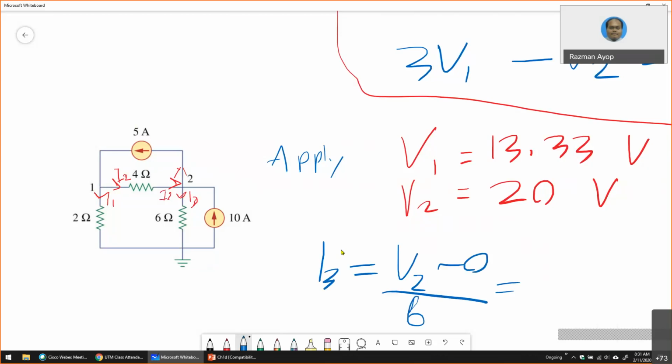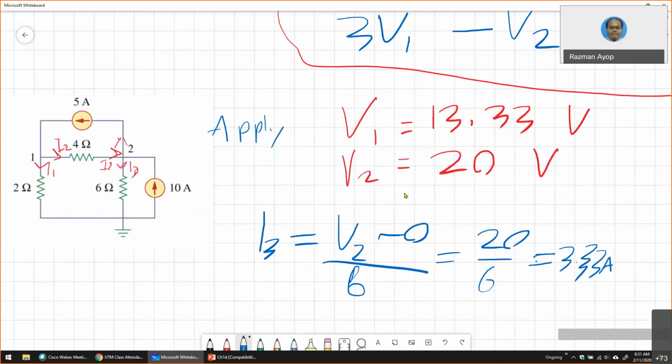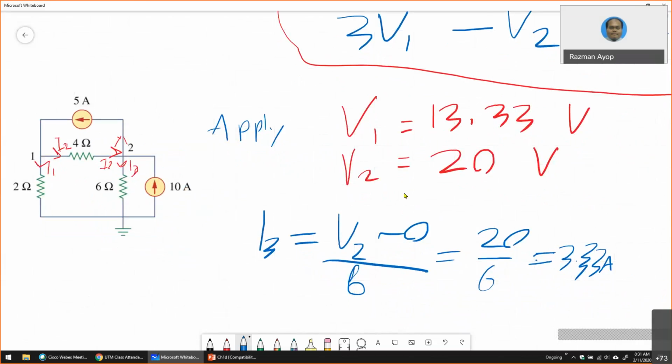So V2 you have 20 divided by 6, so you get 3.33 ampere. So that is how you use nodal analysis.